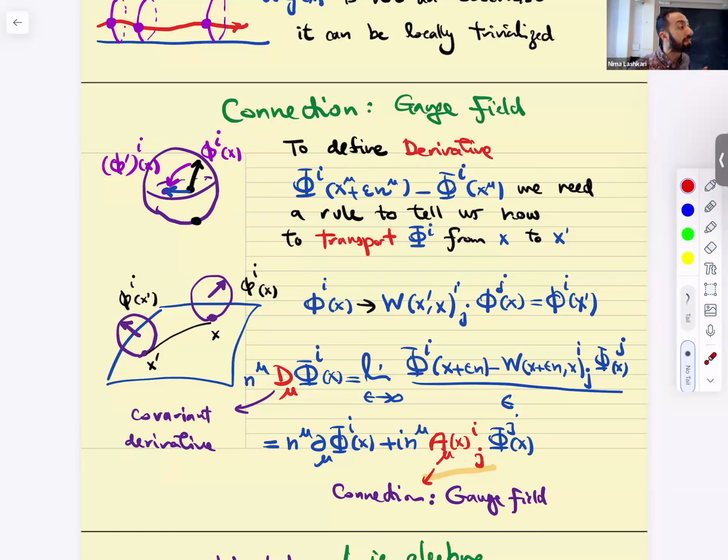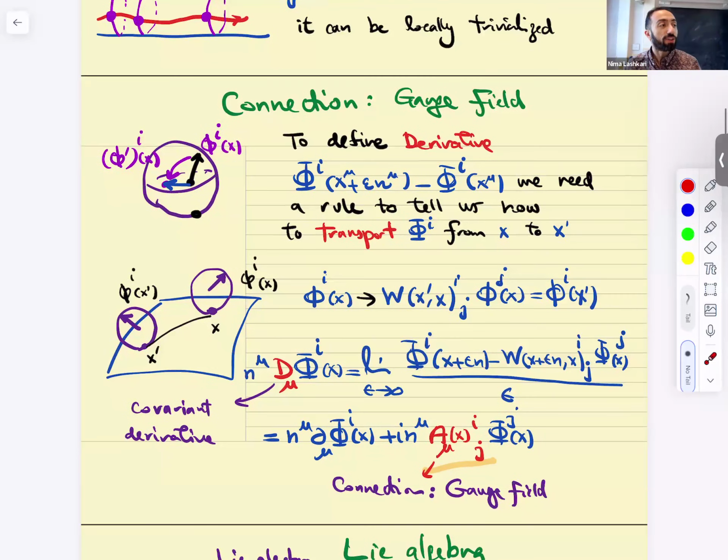This is in the tangent space around this point, because for nearby points, your field phi moves very slowly. So these two vectors are so close by that this is in the tangent space around that point, and that has a name. It's the tangent space, the Lie algebra. That means that the gauge field is Lie algebra valued. Right? Good. So it's a connection.